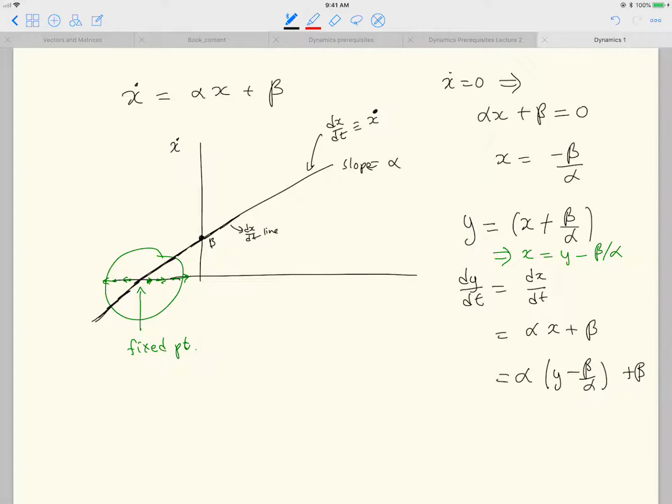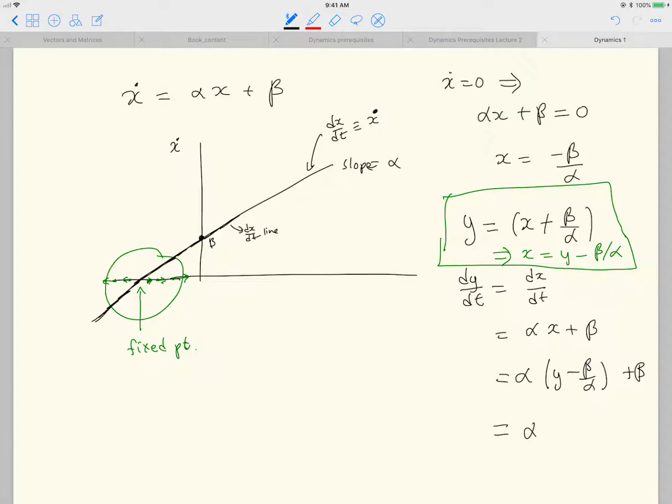Yes? Sorry, where did the y come from? Oh, so the y came, I just wrote the definition of y right there. And how did I choose that y? I chose it as x minus the value of x that would make x dot equal 0. So let's just write this out.